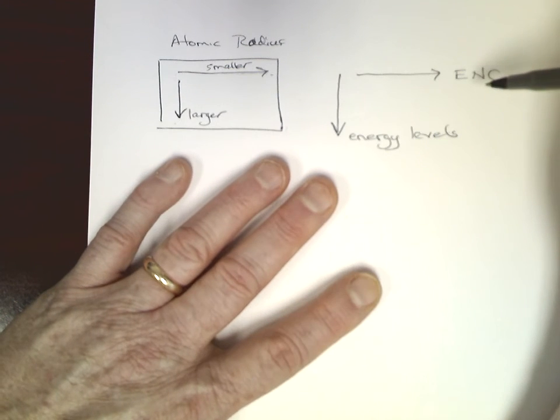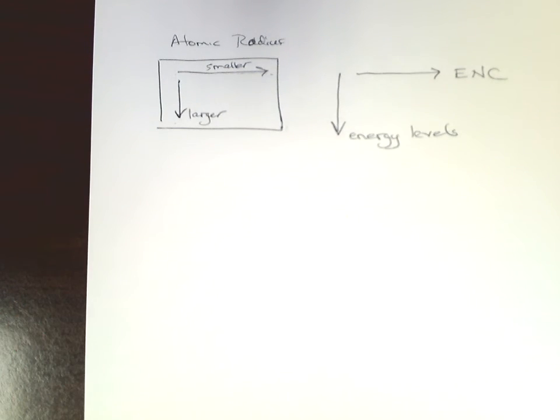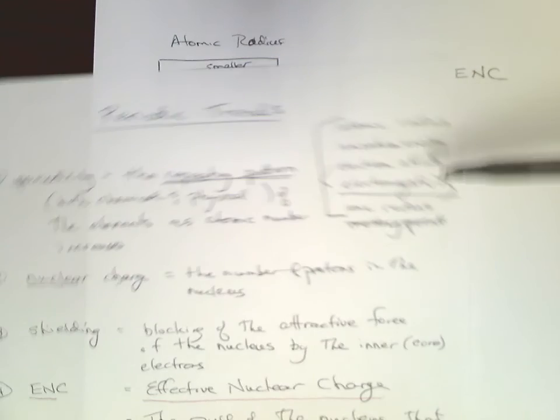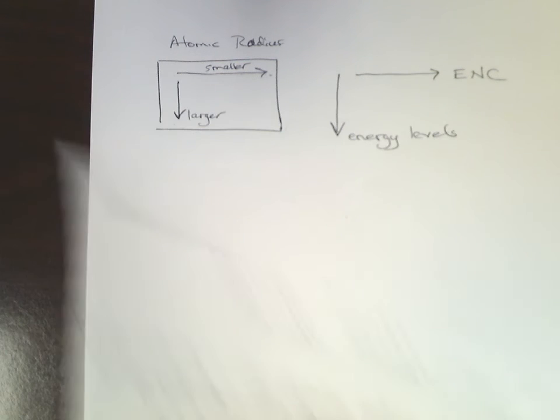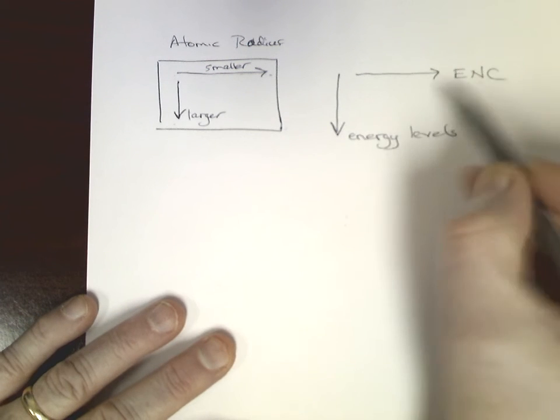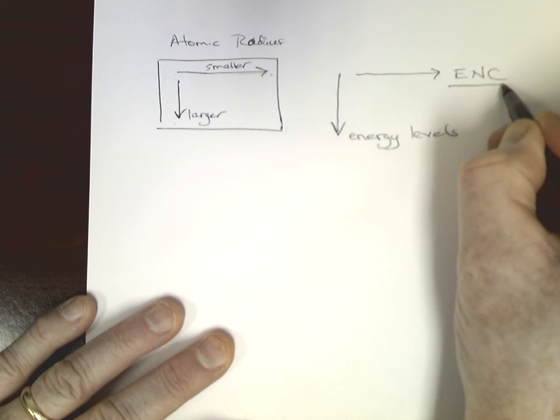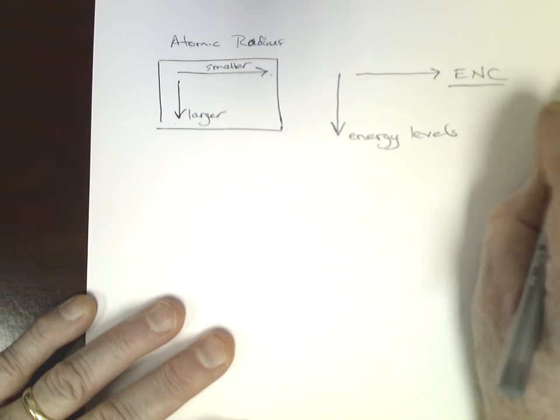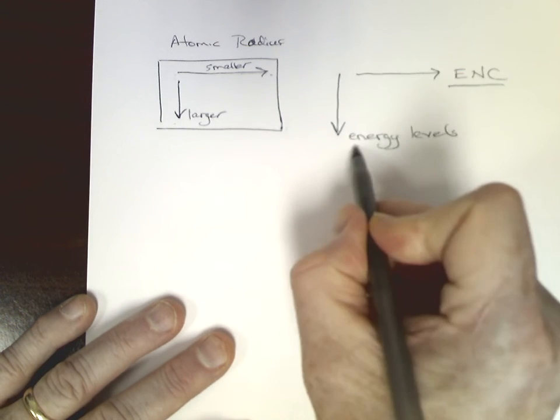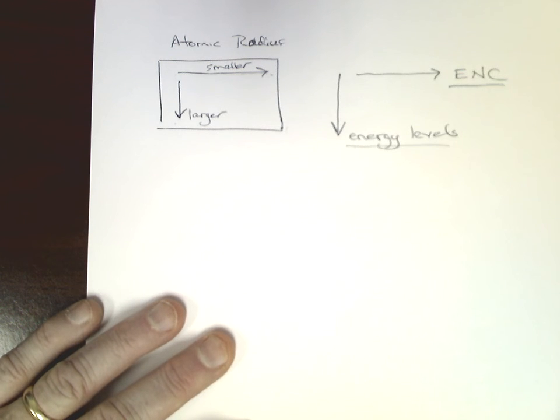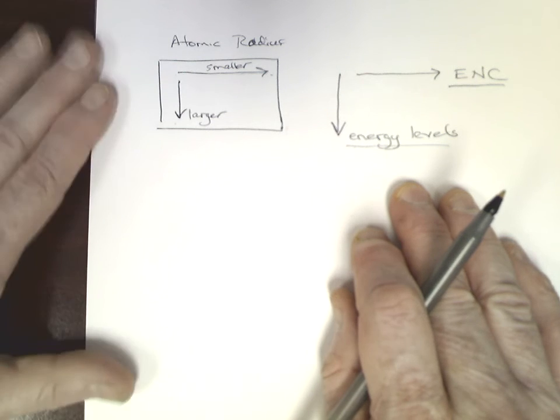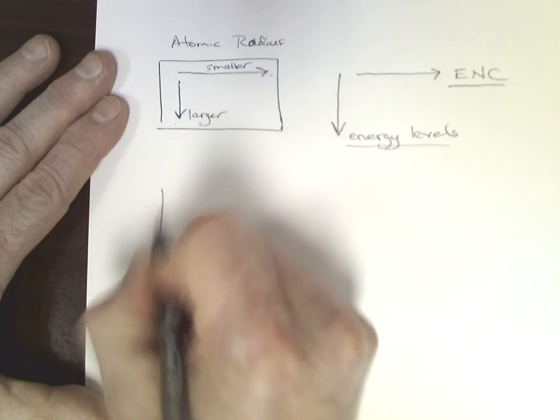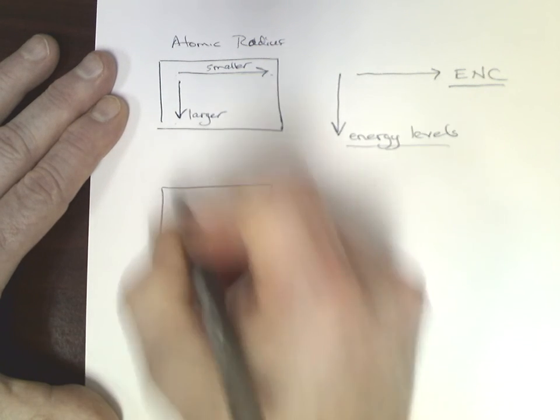Every time you talk about the periodic trends for atomic radius, ionization energy, electron affinity, and electronegativity, your argument will always be an effective nuclear charge argument going across. It will always be an energy level argument going down. Always.